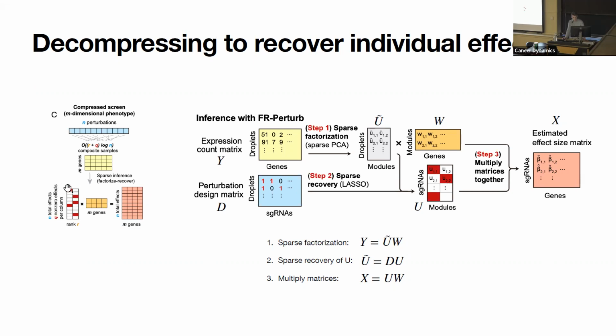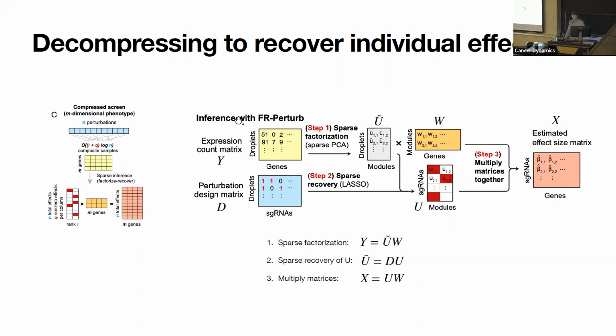Instead of trying to directly infer the effect of a perturbation on the expression of each one of 20,000 different genes, and this is the whole thing that enables this to work, we infer the effect of each perturbation on an entire co-regulated module of genes.